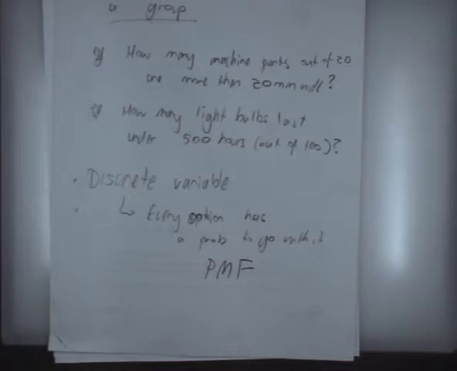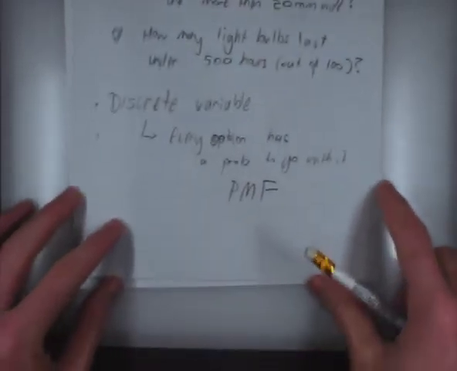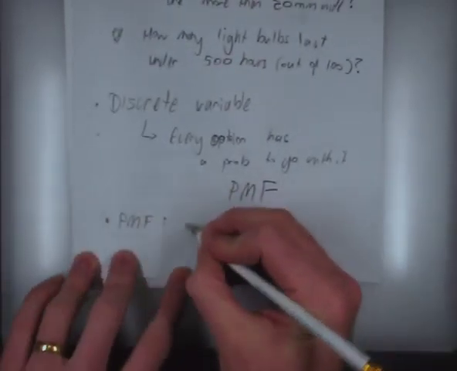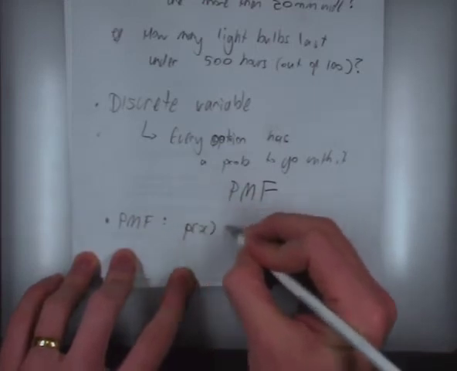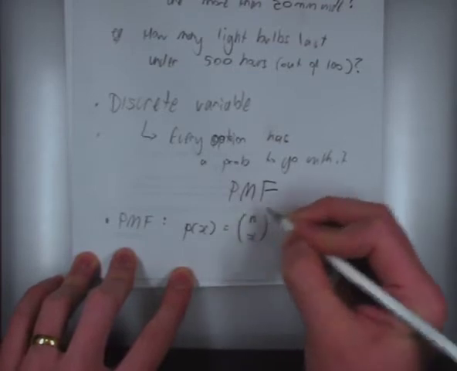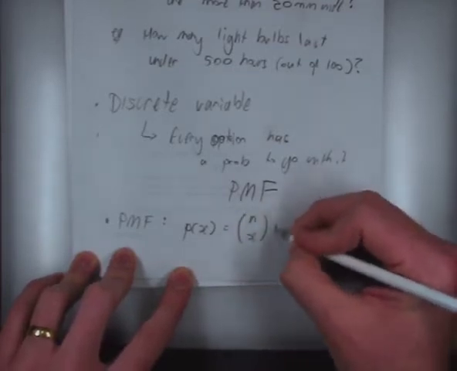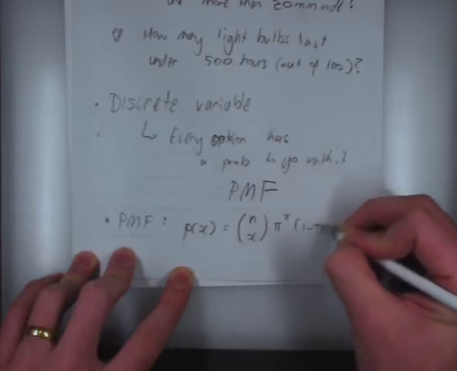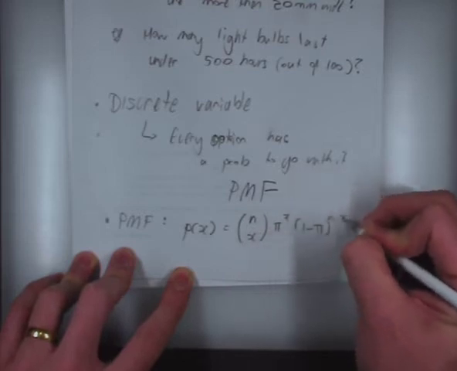And there's usually a formula that tells you what probability every option has, based on what the option is. And for the binomial variable, the PMF is the probability of x is n choose x times pi to the x, times 1 minus pi to the n minus x.